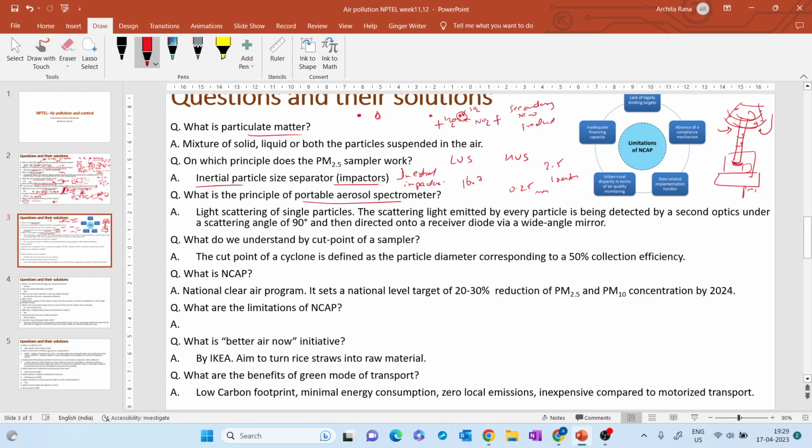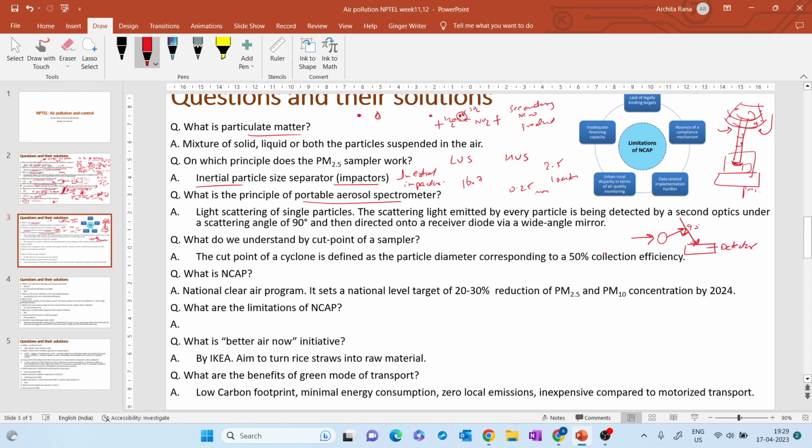So if light strikes on it, a bit of it is absorbed, and other light will be scattered, let's say in this direction. Now it has, let's say, a mirror or optics at a 90-degree angle, and then the light strikes here, changes its path, and then here there is a detector.